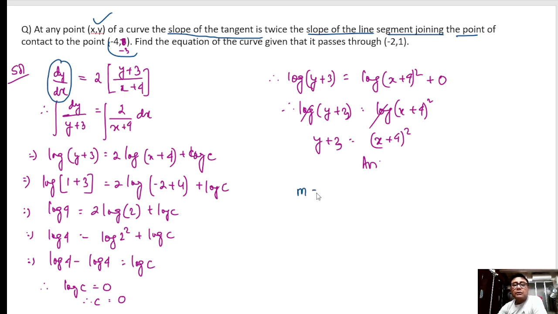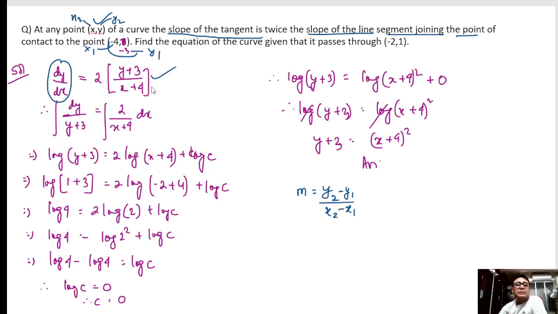Slope of any 2 points is y2 minus y1 by x2 minus x1. So using that, this is our x2, y2, and this is our x1 and y1. So we get this is the slope.